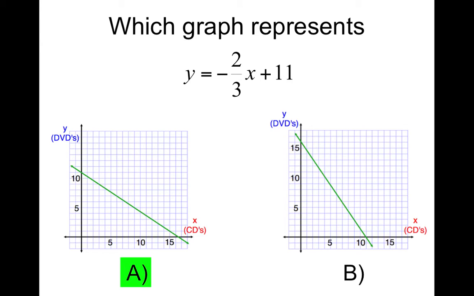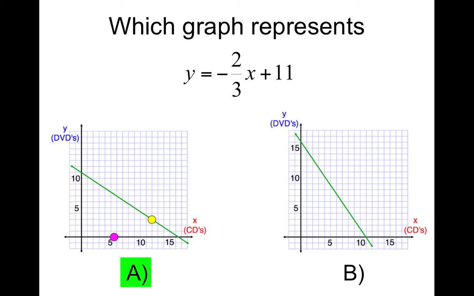Choice A represents this equation because it has a y-intercept of positive 11 and a slope of negative 2/3. Now Claire can easily look at this graph and see, for example, if she purchases 12 CDs and 3 DVDs, she'll spend exactly $200.